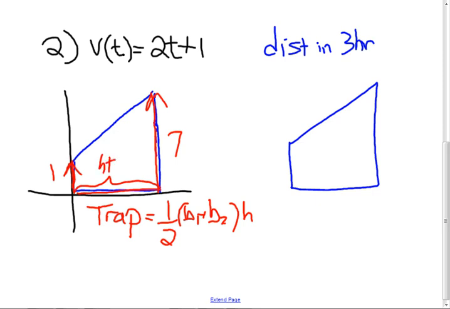I know it sounds weird. You think that's the height, but not in the picture. It's 3. So it would be 1/2 the sum of the bases, which were 1 plus 7, times 3. I think my numbers are wrong, but I don't know. And you can leave it like that. I don't care if you multiply it out. If you do it wrong, it's wrong.